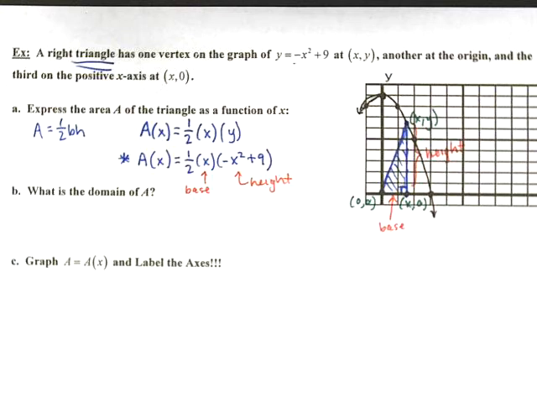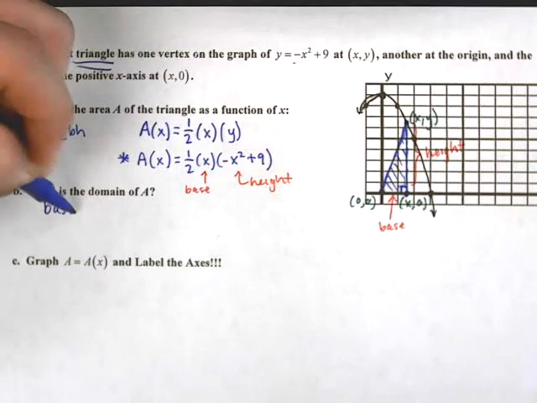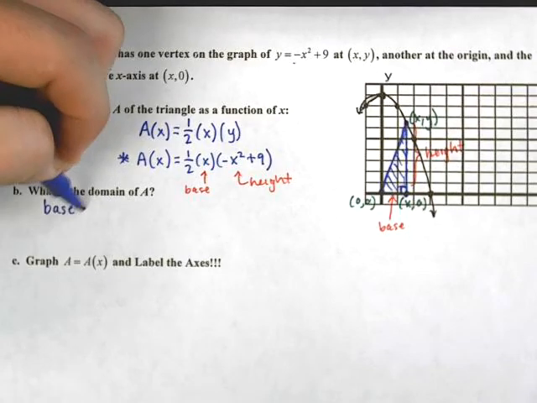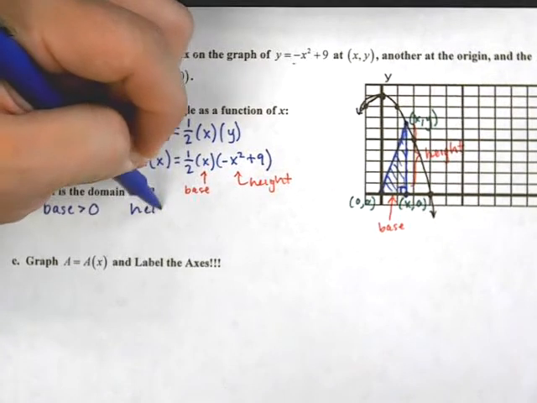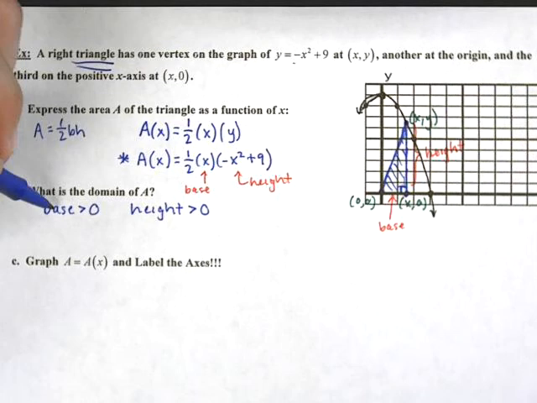Now we need to work on domain. Remember, think real world aspects here. Think about geometry. You cannot have a base that's less than 0. Actually, you can't even have a base that is 0. Your base has to be greater than 0, and so does your height. Base is nice and easy.